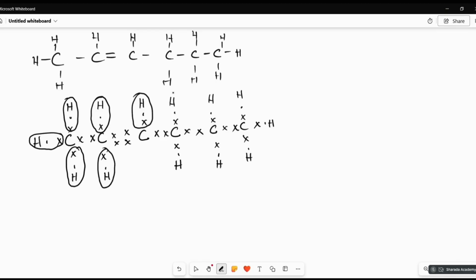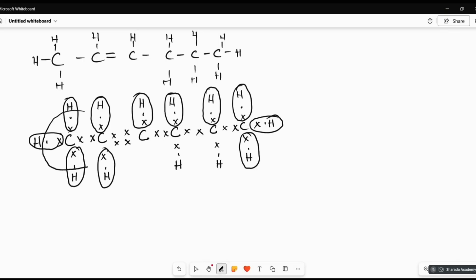Nothing should go there. Two grouping for hydrogen. 8 grouping for carbon. 2, 4, 6, 8. Here 2, 4, 6.